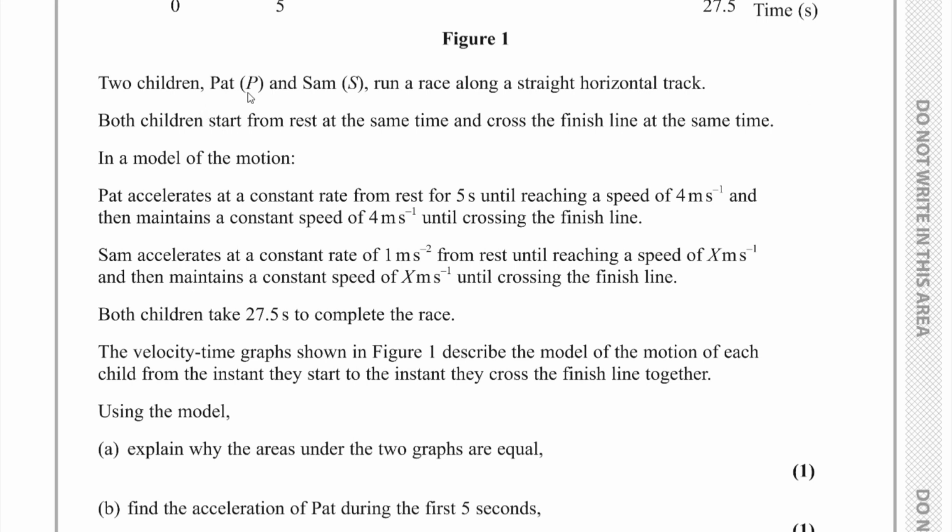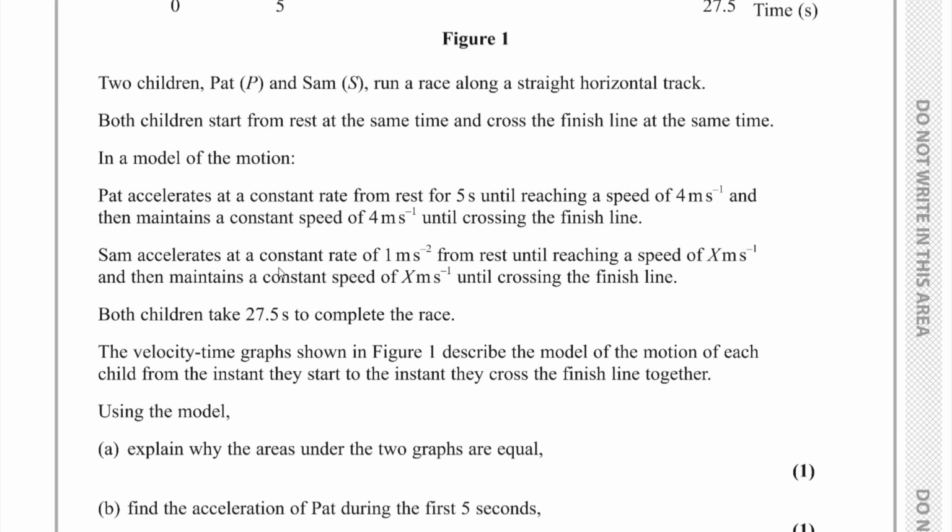Two children, Pat and Sam, run a race along a straight horizontal track. Both children start from rest at the same time and cross the finish line at the same time. In a model of the motion, Pat accelerates at a constant rate from rest for 5 seconds until reaching a speed of 4 meters per second, and then maintains a constant speed of 4 meters per second until crossing the finish line.